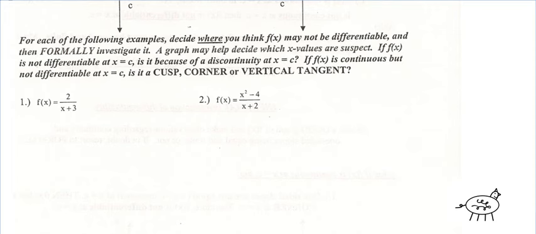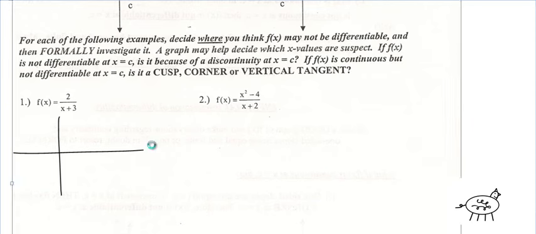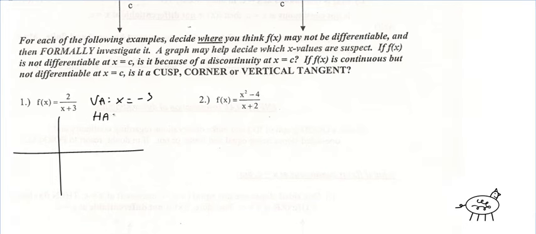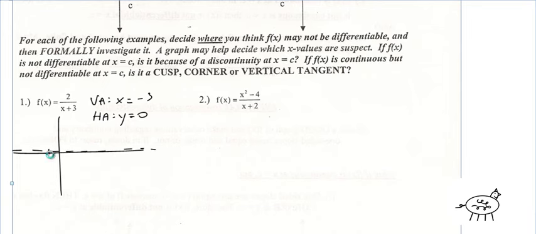Number one, the best way to do this one is definitely with a graph. And you guys should recognize a few things. First of all, if I want to say what is the vertical asymptote, it's x equals -3. And the horizontal asymptote is y equals 0. Okay, so if I sketch these in here, that and x equals -3, the graph looks something like this.